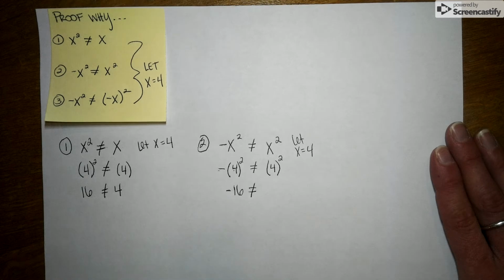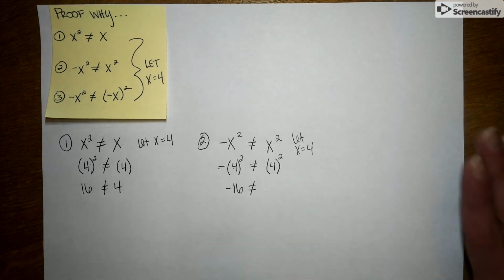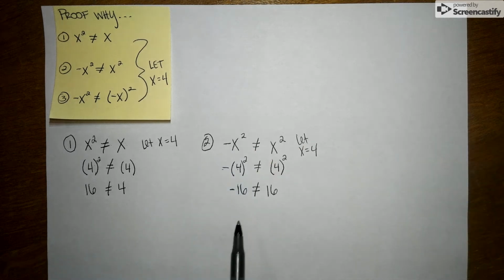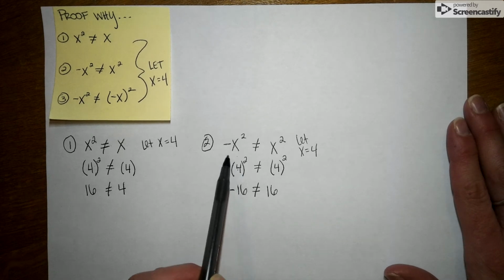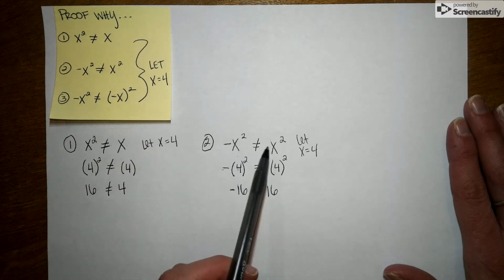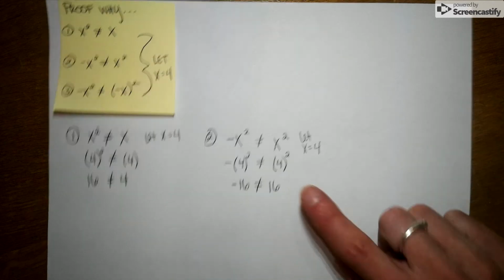So that then does not equal what 4 squared is, because 4 squared is 4 times 4, which is 16. And even though the numbers are the same, they have opposite signs, and so it's clear that negative 16 cannot equal 16. Therefore, going back to the beginning, remember, negative x squared is not equal to x squared. And this is why.